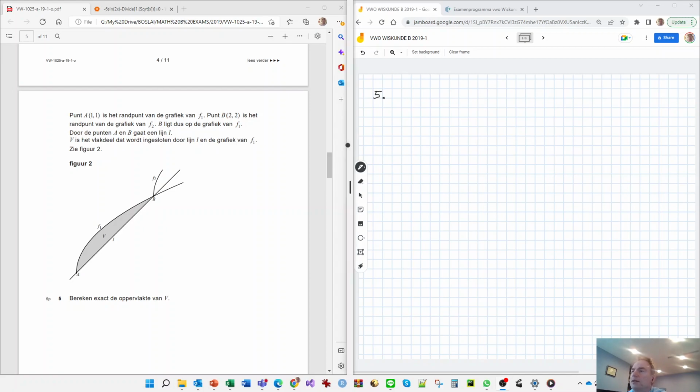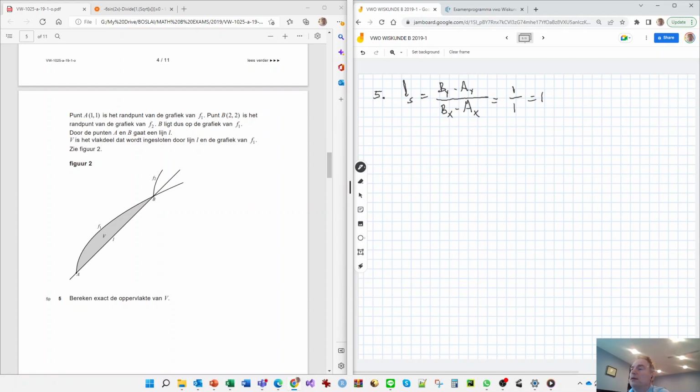Well, let's see. We know A and B, and we know f1, and we just need to find out the line L. Well, the slope is the difference of the y's divided by the difference of the x's, which is 1 divided by 1.